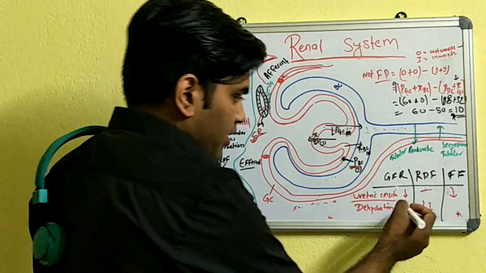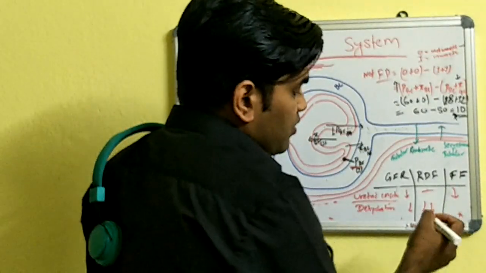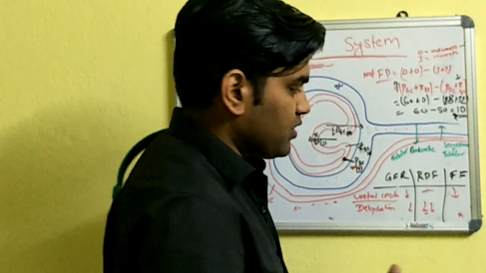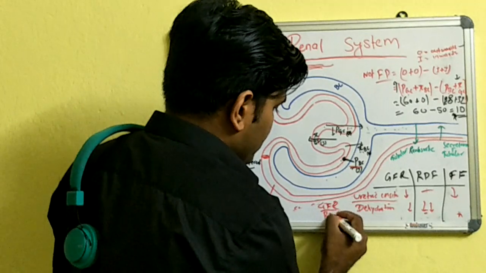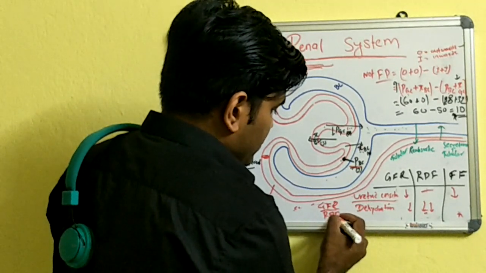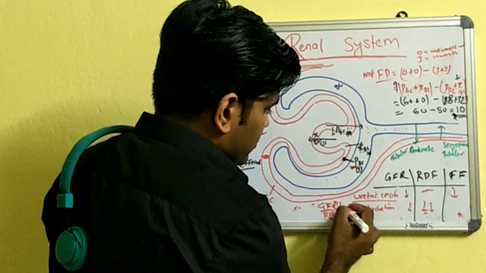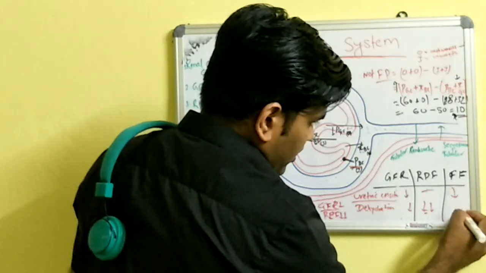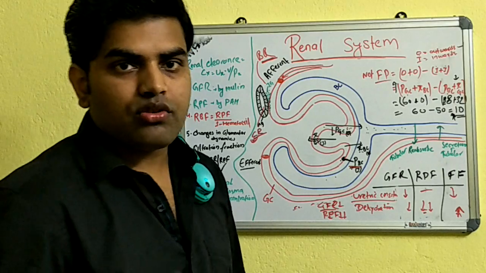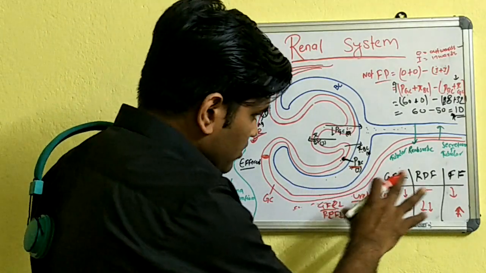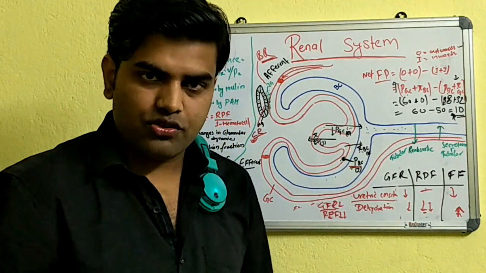Although the GFR will be decreased, the renal plasma flow is decreased more. So GFR by renal plasma flow: if renal plasma flow is decreased more and GFR is only decreased one time, then there will be an increase in filtration fraction. You have to understand that, and this scenario can be asked.